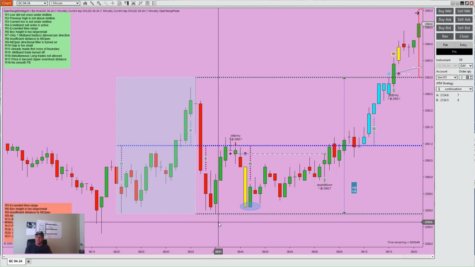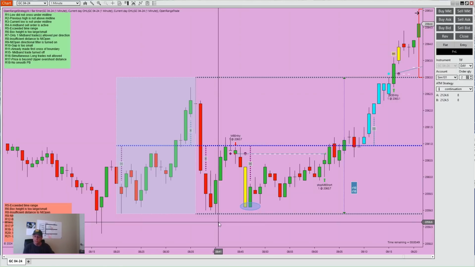Man, one tick from going out of the bottom of the box. Okay, so this was like one tick from being a crossover break and a late break.